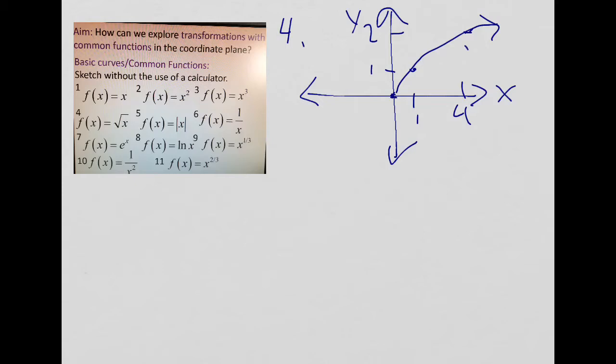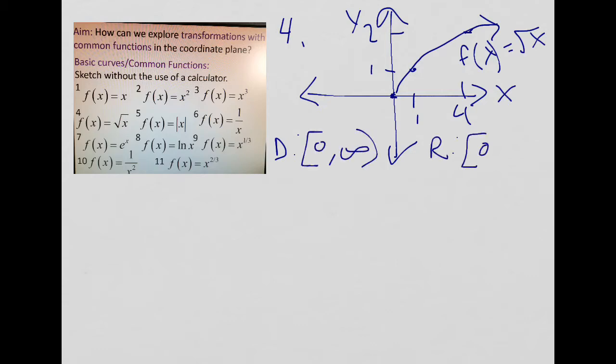Okay, so you should be familiar with it. And just for example, the domain is from 0 to infinity, and the range is from 0 to infinity. So this is something to keep in mind as you're going through your functions.